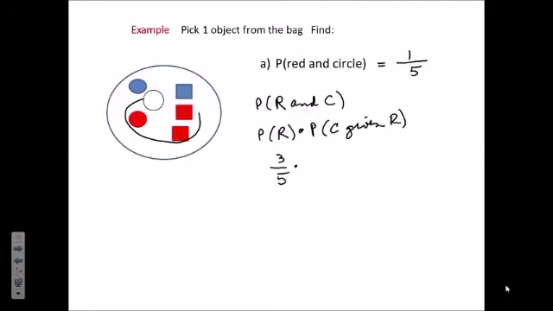Now, what's the probability of picking a circle given red was picked? Given red was picked means you're only talking about the red ones. Forget these. What's the probability of picking a circle now? Well, there is 1 circle out of the 3 red ones. The 3's cancel, and we still get 1/5.